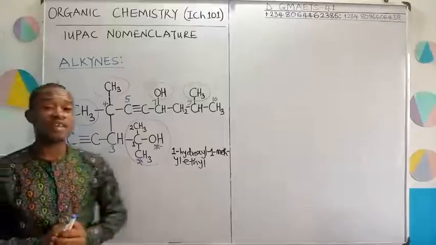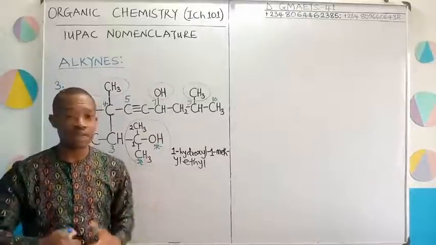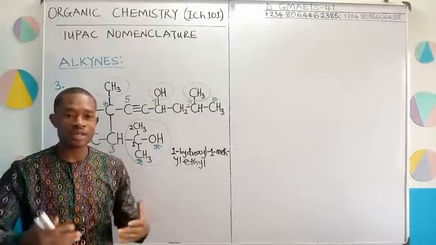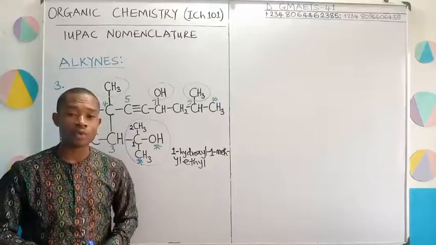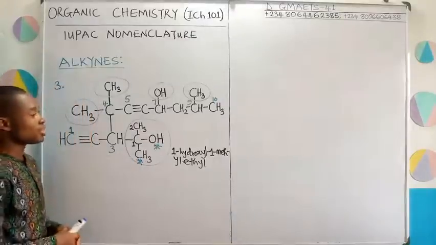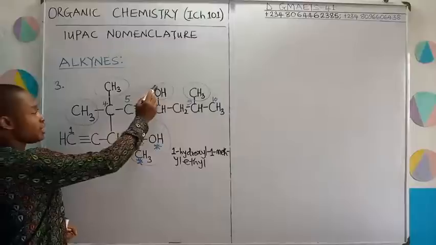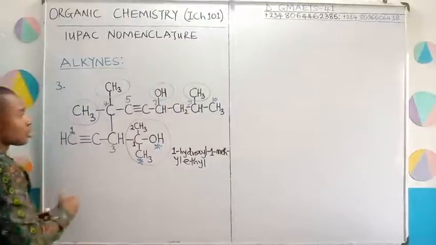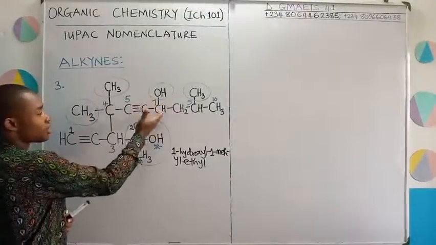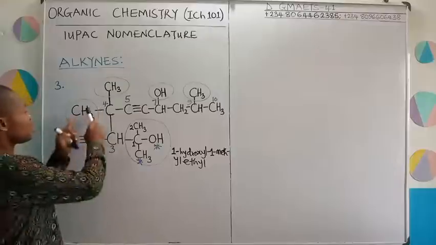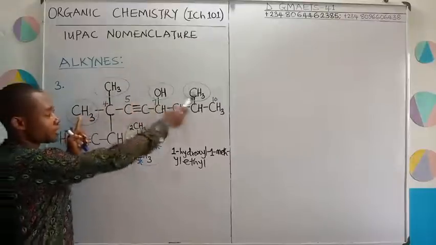Alright, so having identified all these attachments, the next thing is to place the attachments in the naming and then conclude with dec-1,5-diyne. Where do we start from first? This is hydroxyl, so it will come first. So we have 7-hydroxyl. These are methyl attachments.